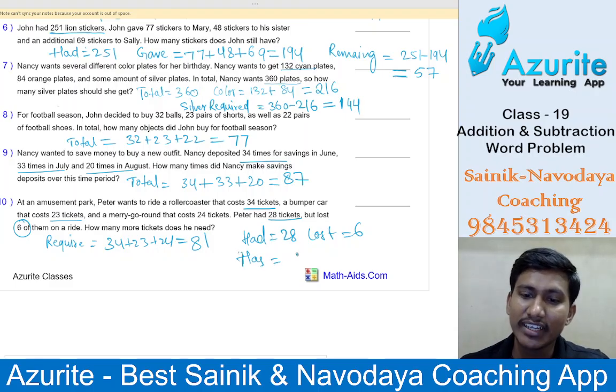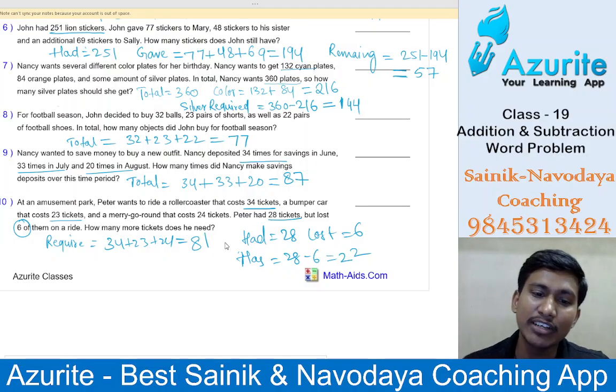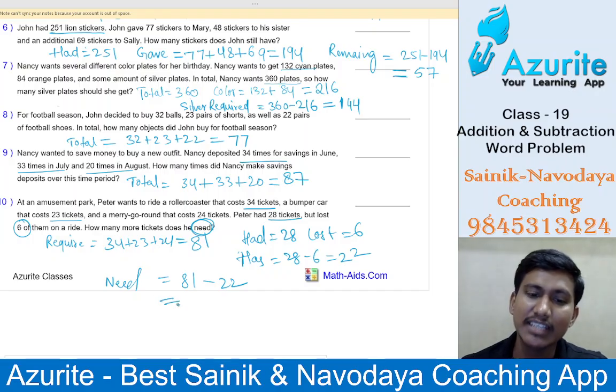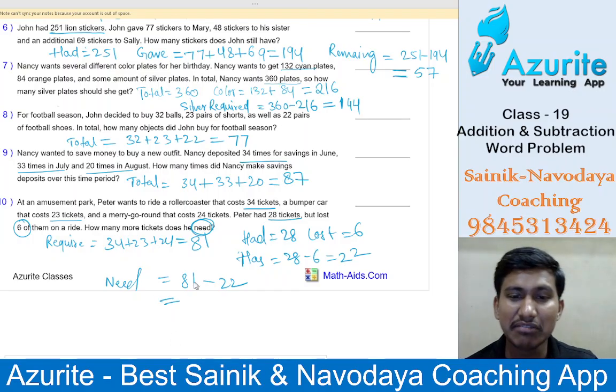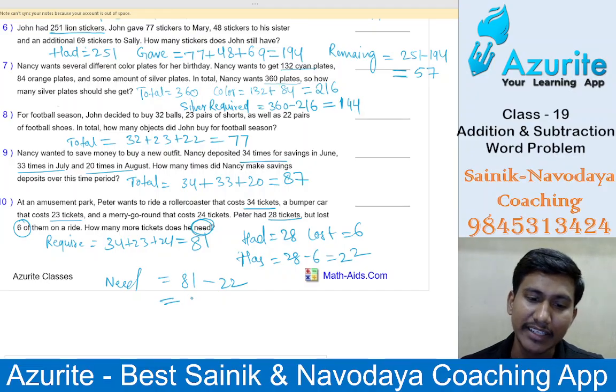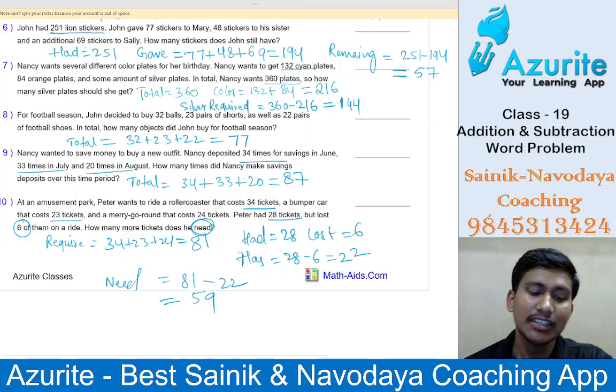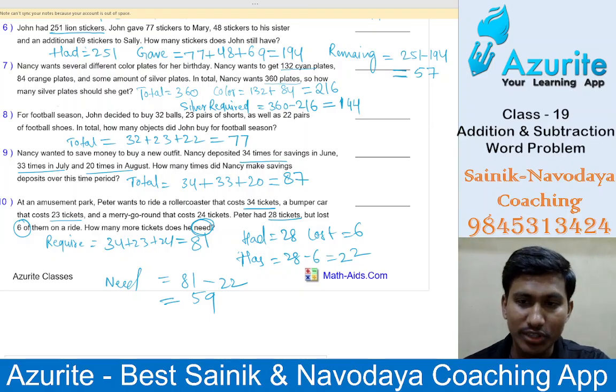That is 28 minus 6. It will be 22. That is, he will be having 22. So how many more will be required now? So need is 81 minus 22. What answer will come? That is 81 minus 2 is 79, minus 20 is 59. So he will need 59 more tickets.